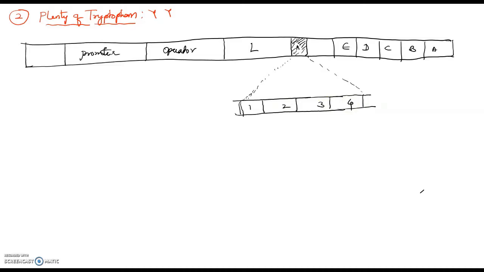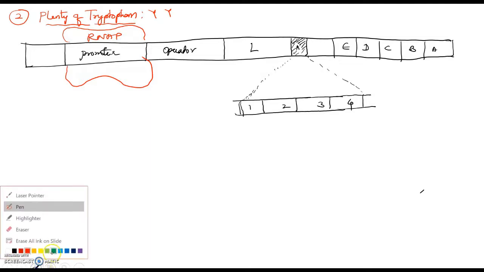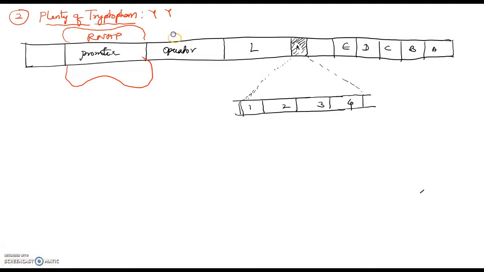Now, on the promoter region we have the RNA polymerase. But on the operator side, because the tryptophan is a lot, the repressor and co-repressor are halting this RNA polymerase.